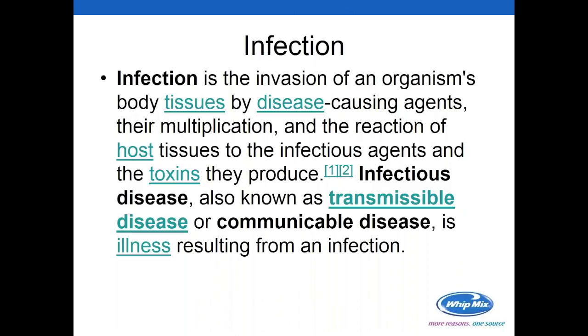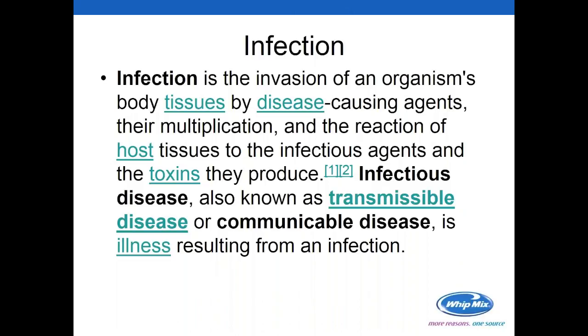Now, infectious disease is also known as a transmissible disease, meaning that it doesn't just stay right where it starts. For example, if I had a cut on my hand and I had an infection there, it wouldn't just stay there. I could transfer that to somebody else who might also have some kind of a cut or an opening, whatever that happens to be. So I need to protect myself and get rid of the infectious agent, but I also need to help protect others by not passing this thing around.